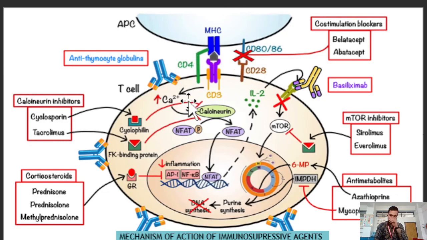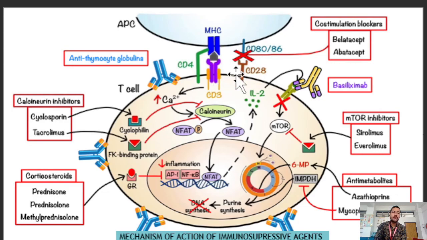Let us recall the steps again. At first, the binding takes place between the CD4 of the APC and the CD3 of the T cell, which is called the primary binding. And then there is the secondary binding between the CD80/86 of the APC and the CD28 of the T cell.